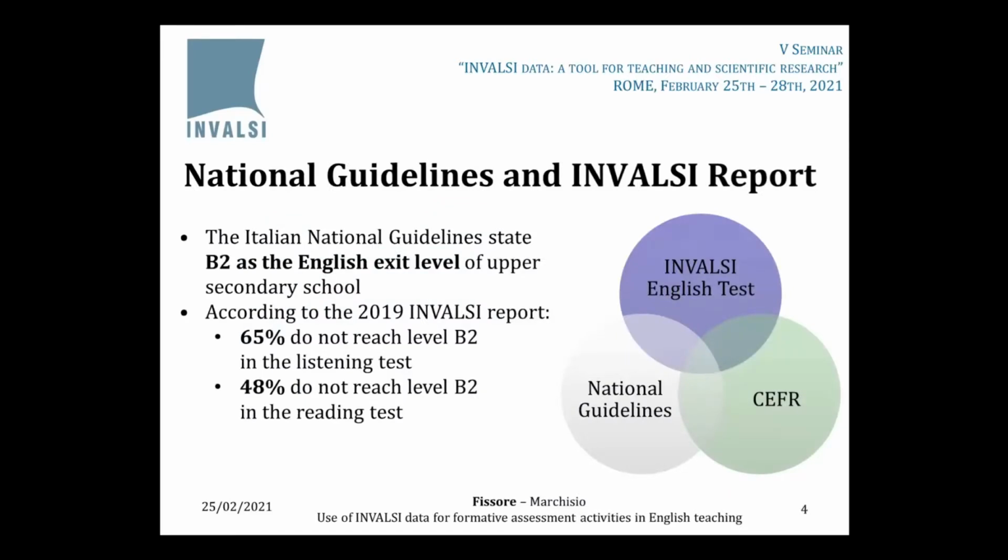Also, the national guidelines defined by MUR are closely linked to the CEFR. In particular, the Italian National Guidelines for Secondary Education state B2 as the English exit level to be reached by students at the end of upper secondary school.